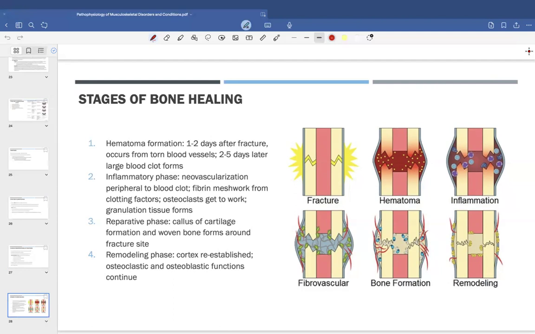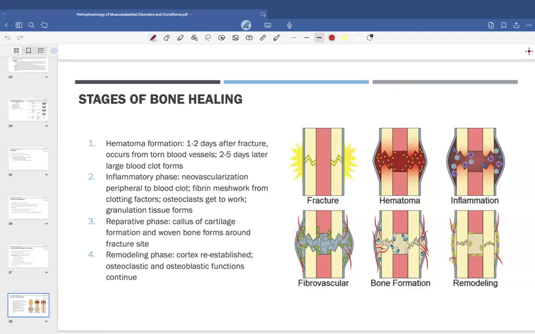This fibrin mesh clot, okay, then becomes the framework for calcium deposition and healing, okay, bone regeneration. So you're gonna have a hematoma. It's gonna lead to a fairly large clot in the area. Okay, you will have tissue death.